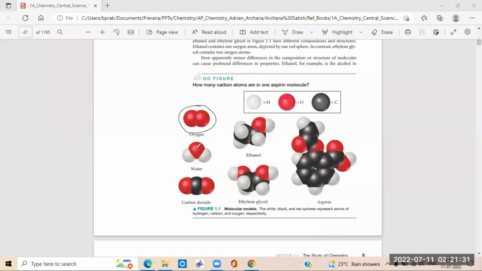They are bonded like this. You have the molecule of water, which is one atom of oxygen with two atoms of hydrogen. Carbon dioxide, CO2. You can see this is H2O, this is O2, this is CO2.